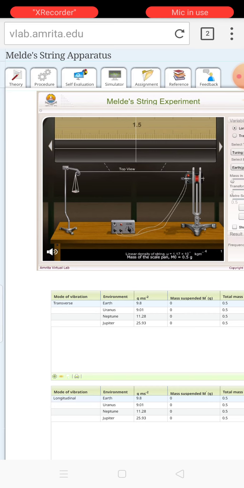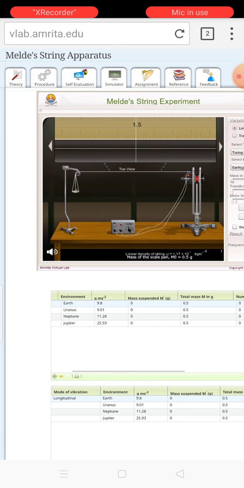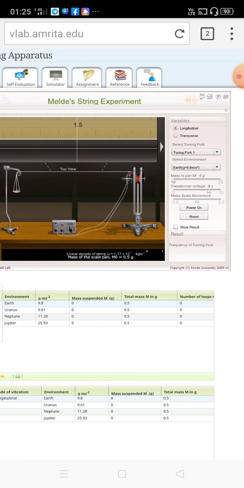Look over here in the simulation lab that is already generated. I am using Amrita's virtual lab, and you should look over here. It is written above: vlab.amrita.edu. It will be easily available on your smartphone.